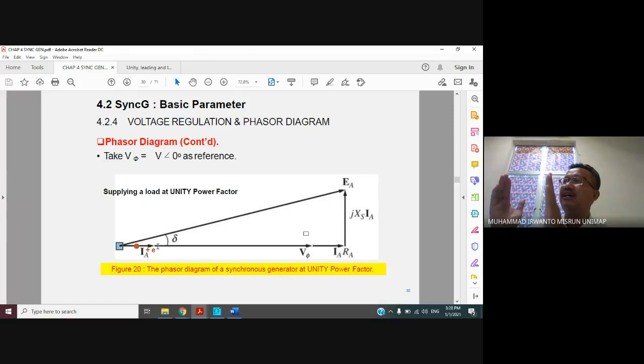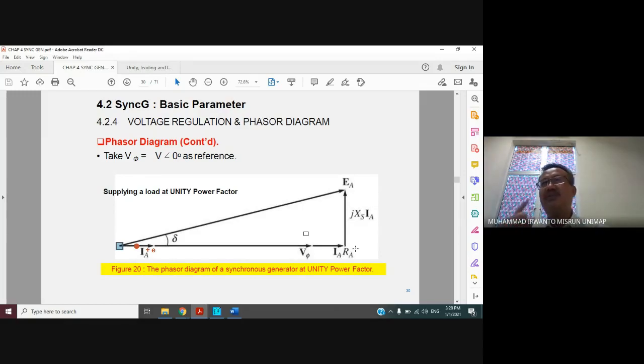You draw IA RA as a vector; it is always parallel with IA, so its direction relative to the voltage is also 0 degree. You draw IA RA starting from the end of the phase voltage vector.